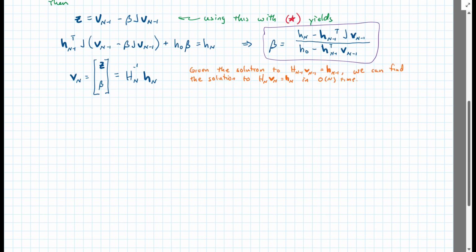So now the whole solution to this simplified problem, we still have a step to go beyond this, is to first solve H_1 v_1 is equal to h_1. This right here is a 1 by 1 system. So it's a simple division.